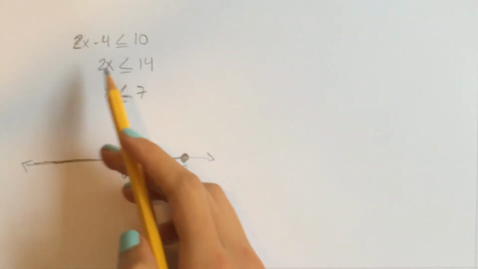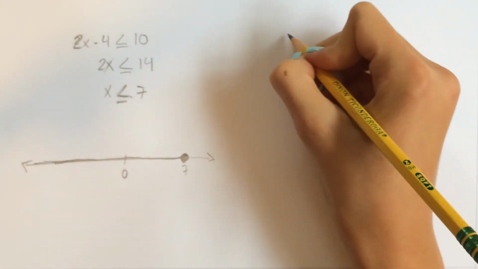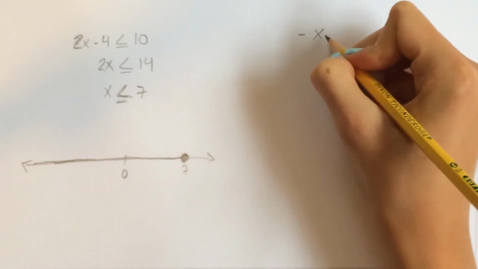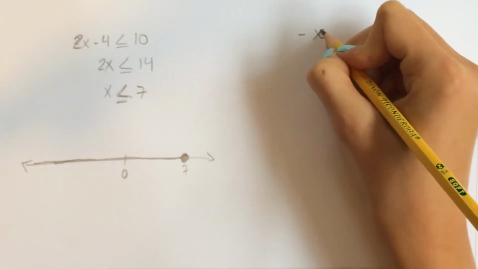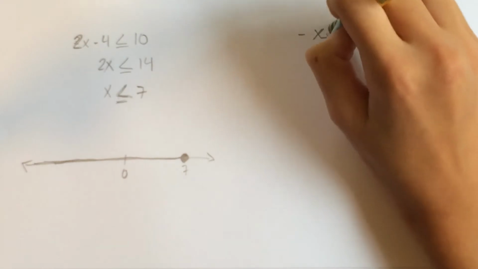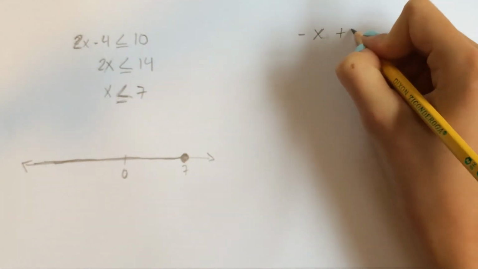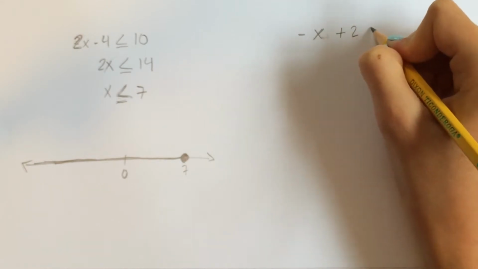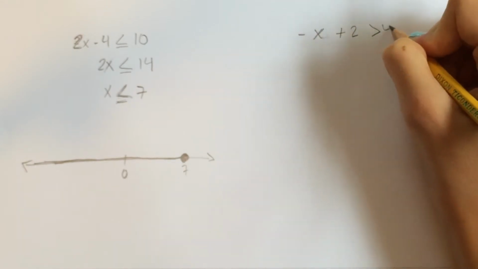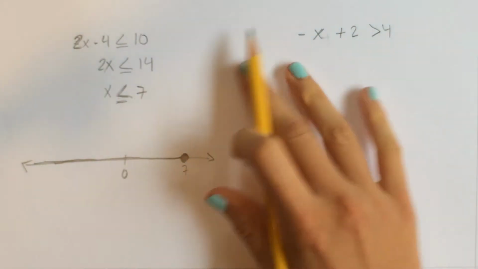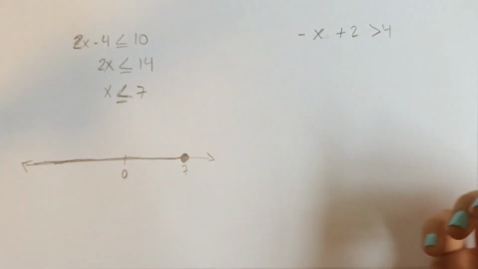So now if we look at another example, which is negative x plus 2 is greater than 4, we can continue doing the same thing, just solving like an equation.